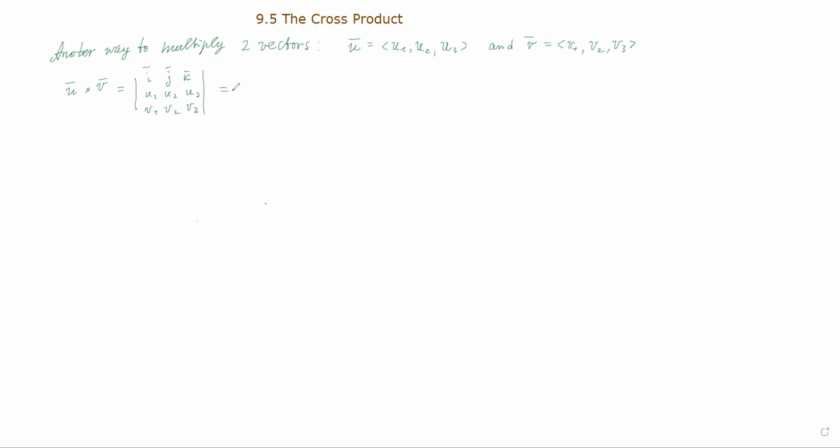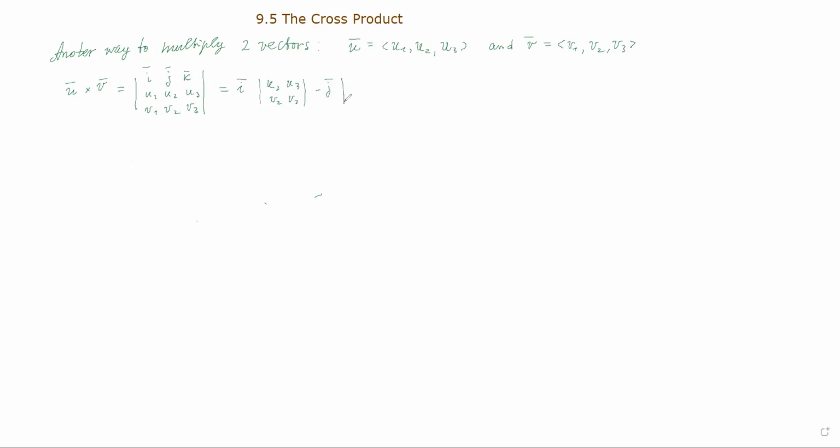Let's do it. We remember that if we want to calculate the determinant of a 3 by 3 matrix, we can expand it by the first row. So we take the first term of the first row and multiply it by the complementary matrix, right? Which is the determinant of u2, u3, v2, v3, a determinant of 2 by 2, right? Then goes minus, because we have sign alternation, plus, minus, plus.